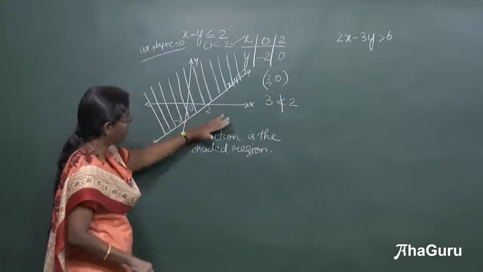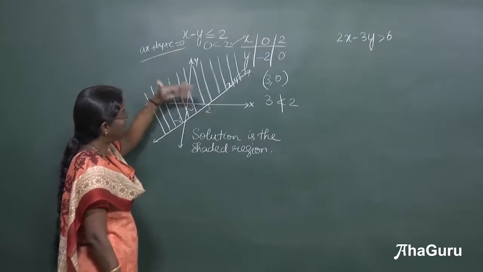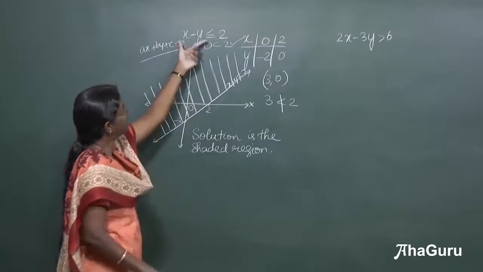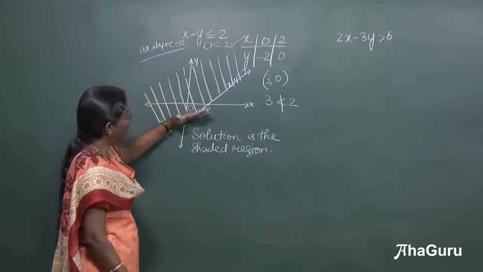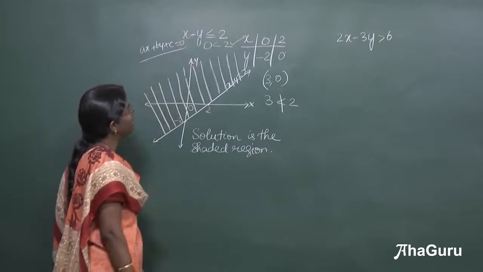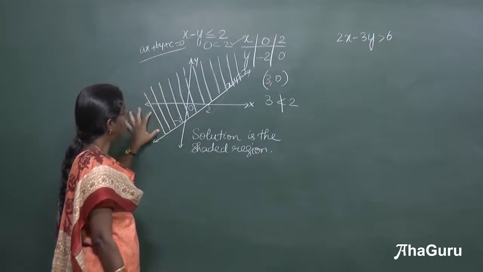So it is not going to be on this side of the line, it is going to be on the other side. Either substitute a point on this side or that side and check whether it satisfies the inequality. Any point which satisfies the inequality, just shade that side. So for this inequality x minus y less than or equal to 2, the solution will be the shaded region here.